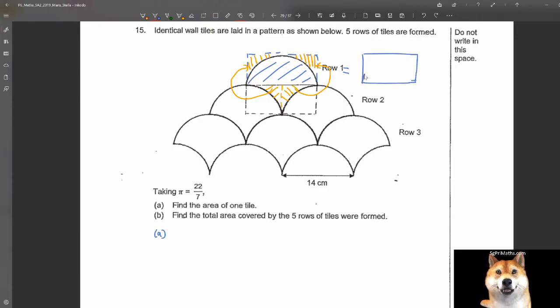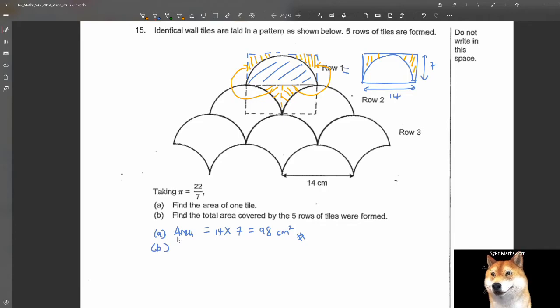Okay, that's a bit ugly. Let me try to draw it nicely. Okay, this is the best I can do. Let's label it. We know that this is 14, and this is half of 14, which is 7. So the area of one tile will be 14 multiplied by 7, which gives me 98 cm squared.